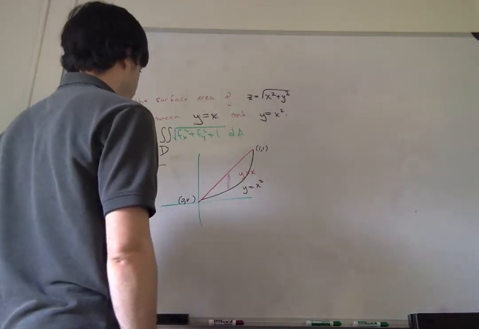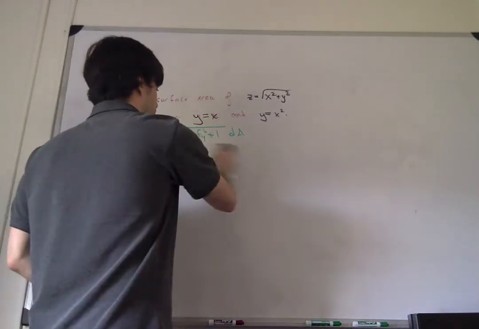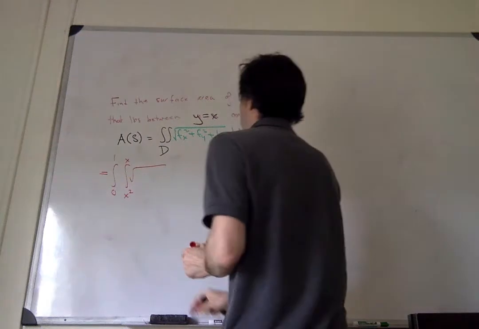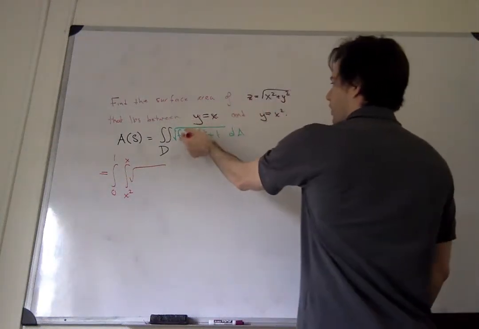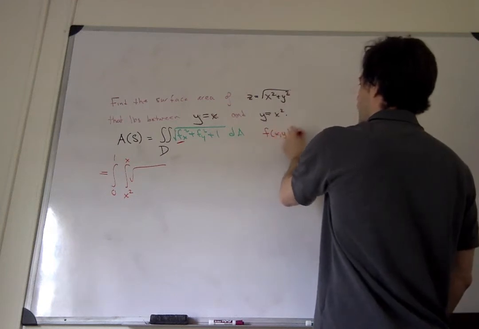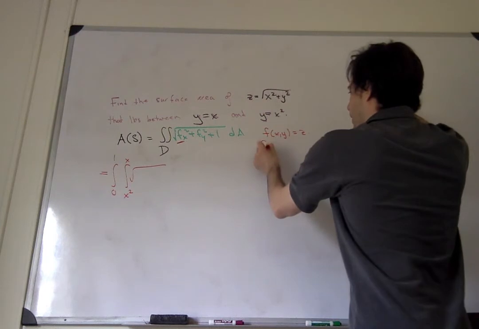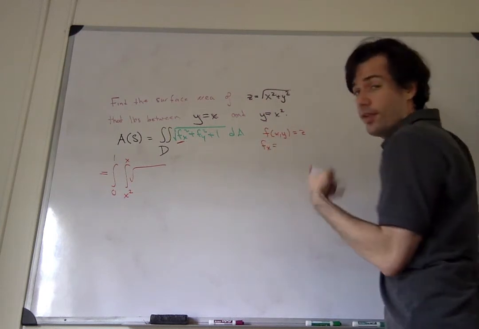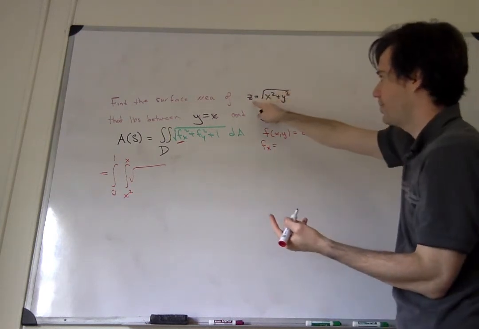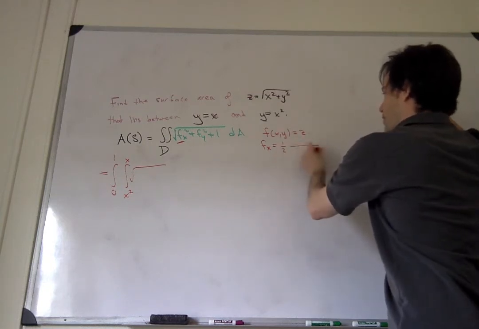I'm going to erase this now to give me some space. What is f? Well, f(x, y) is just z. And the derivative of f with respect to x is going to be this right here.